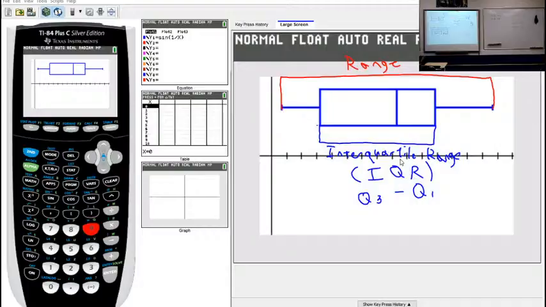That's basically what the interquartile range is. It also says where the middle 50% of the data is, because there's half the data in between Q1 and Q3. It's the middle half of the data, so it says how far apart that middle half is.